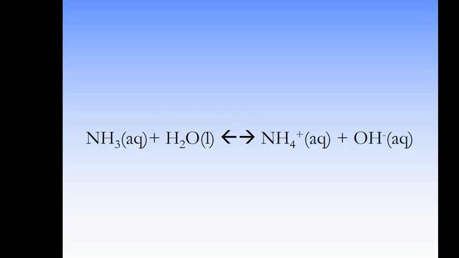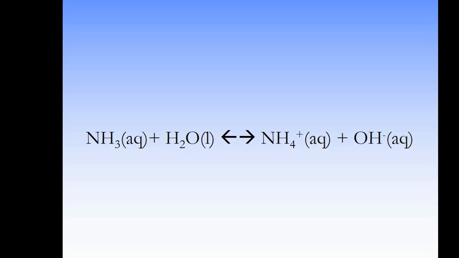What we end up with is a proton on the ammonia, which forms the ammonium ion, NH4+. Because water has lost a proton, it goes to the hydroxide ion. So the fact that ammonia reacts with water to form hydroxide makes ammonia a base.